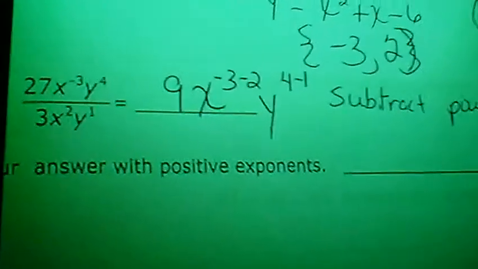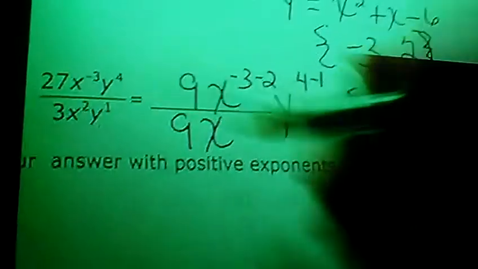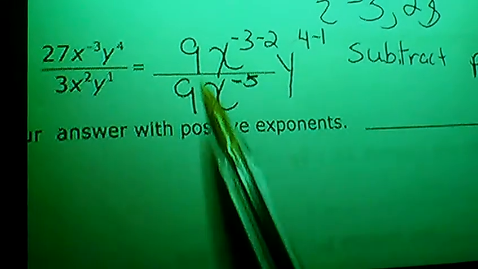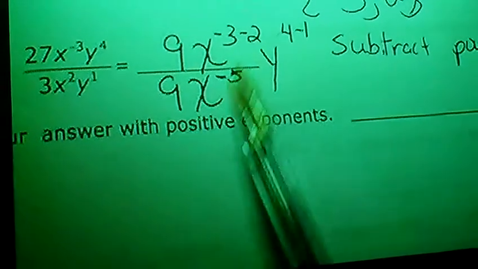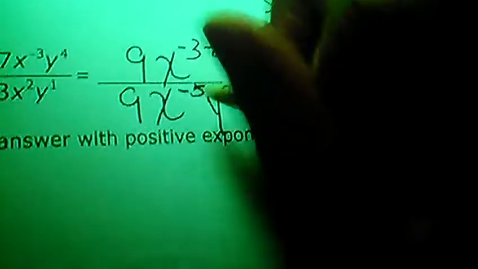Now we're going to simplify. So our answer here will be 9, x to the negative 3 minus 2, or negative 3 subtract 2 gives us negative 5. If you're not sure about that, type it into your calculator. We have the same sign, so our answer is going to be negative. And y to the 4 minus 1 is 3. Now that's one way our answer may look.